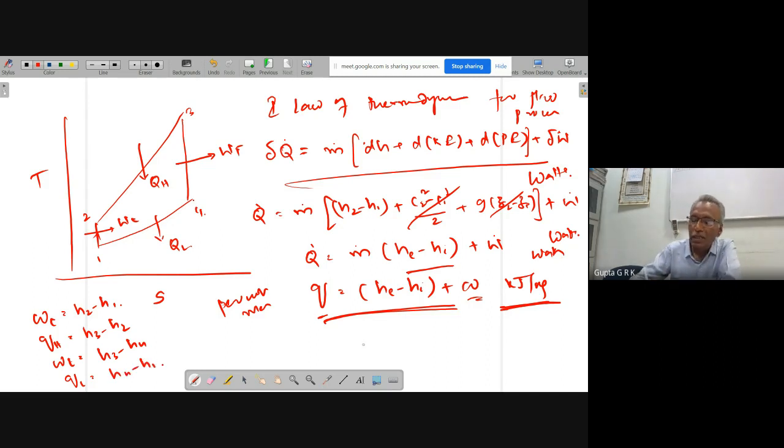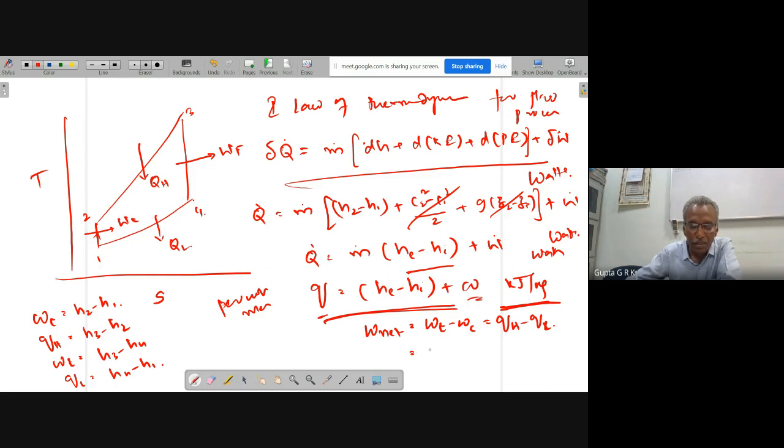And because it is a cycle, W net, the network, is equal to, so what is the output? WT minus WC. And for a closed cycle, the net heat transfer is equal to net work transfer. So this is also QH minus QL. Like this I can write, and you can check actually.